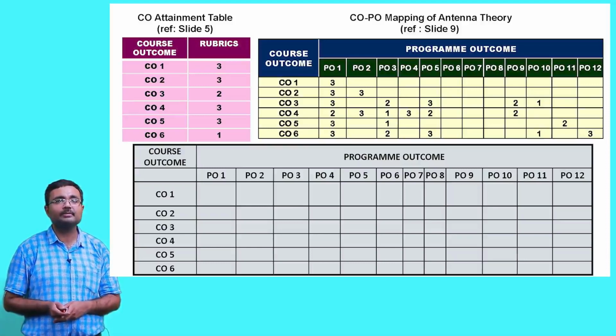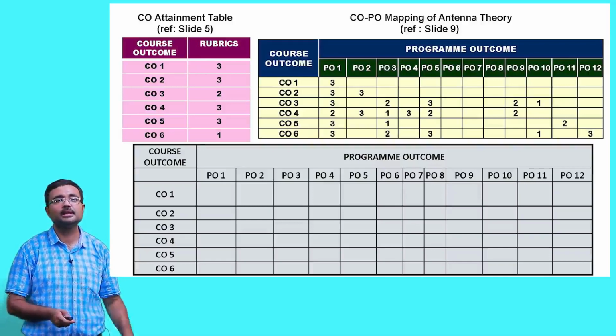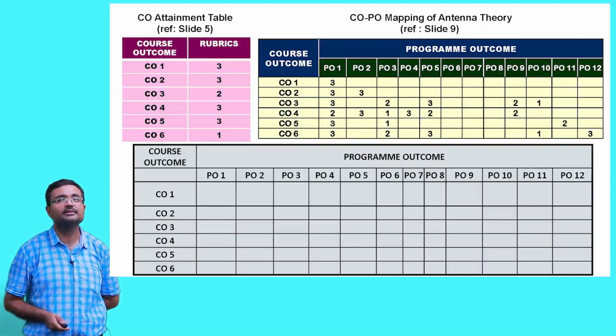It automatically means CO1 has helped a lot in attaining of PO1. Similarly, you check CO2 attainment is 3, high attainment. So, it is helping the attainment of PO1 and PO2 because the relationship is very high.